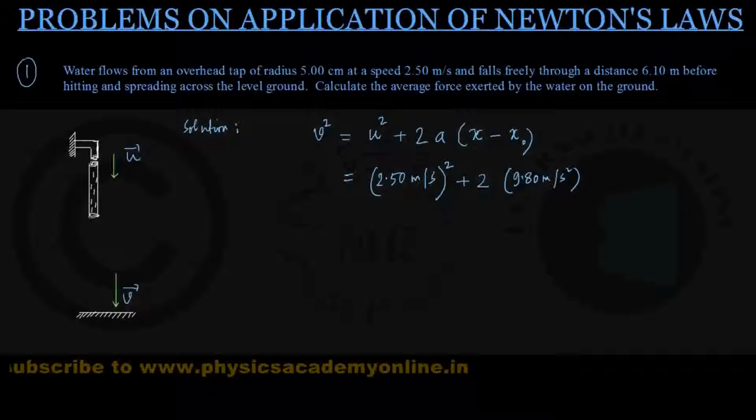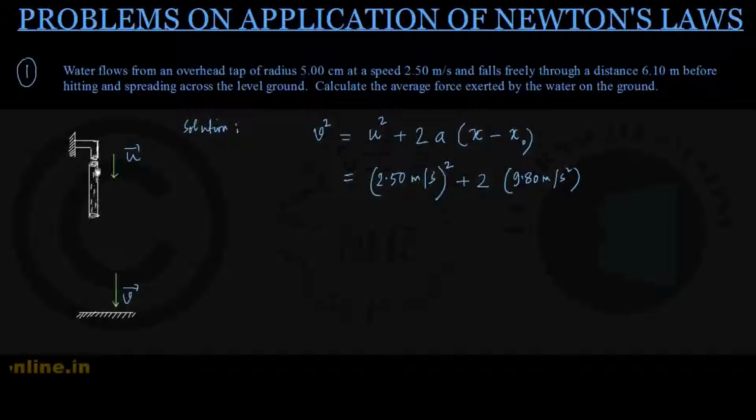And here the displacement of the water particles as they come out of the mouth of this overhead tap and hit the ground, the distance through which the water particles fall, is given to be 6.10 meter.